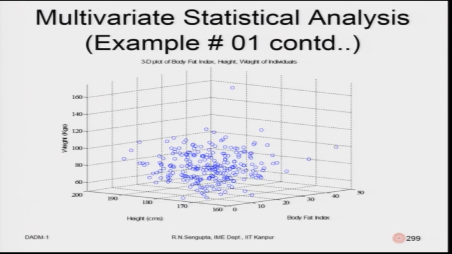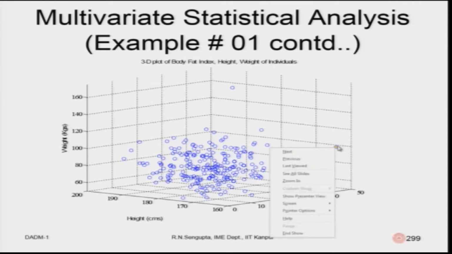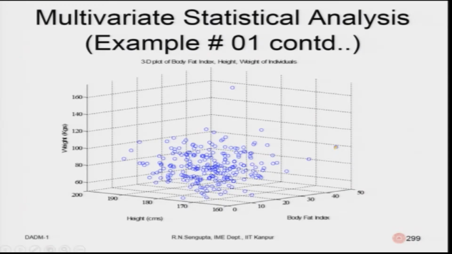arbitrarily, let me consider this person. If you drop a vertical, the person's body fat index would be about 42. I am just giving it arbitrarily. If I go this way and touch the y axis, this is the plane which is the height.